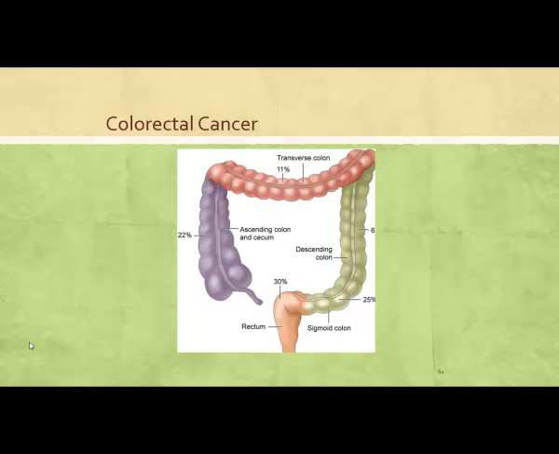T, thickening or lump in the breast or elsewhere. I, indigestion or difficulty swallowing. The O is really for skin cancer, so obvious changes in wart or mole. And N, related to the throat or lungs, nagging cough or persistent hoarseness.